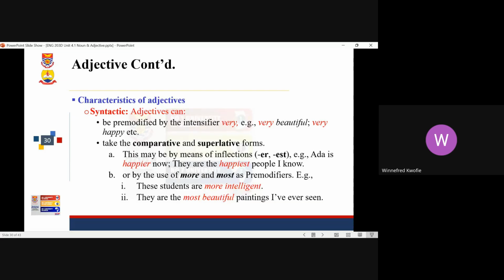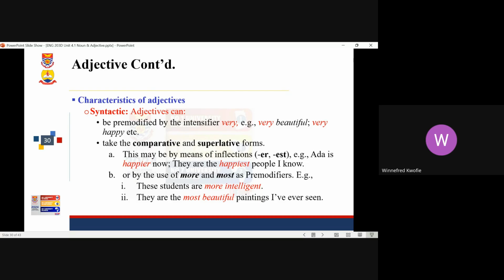So aside from being modified by intensifiers such as very beautiful, extremely beautiful, really beautiful, and so on, they can also take the comparative and superlative form. So they have their positive form, comparative form, superlative form: tall, taller, tallest; small, smaller, smallest; happy, happier, happiest.